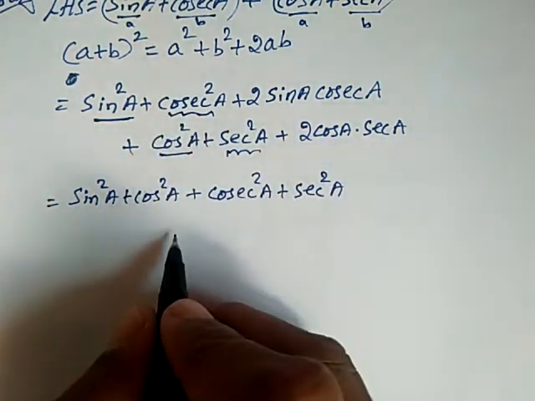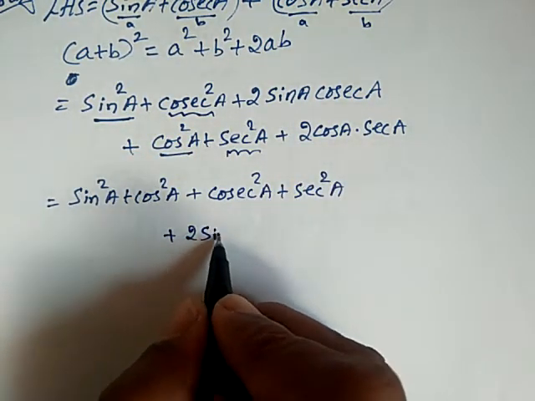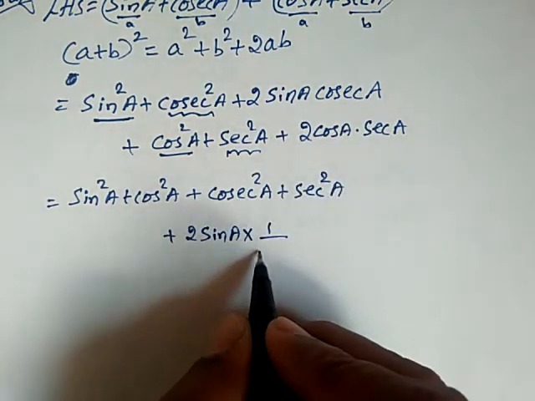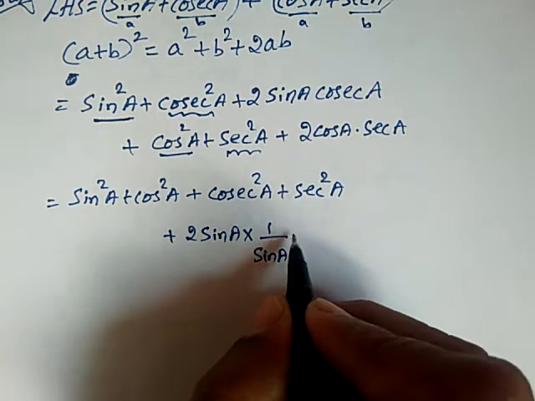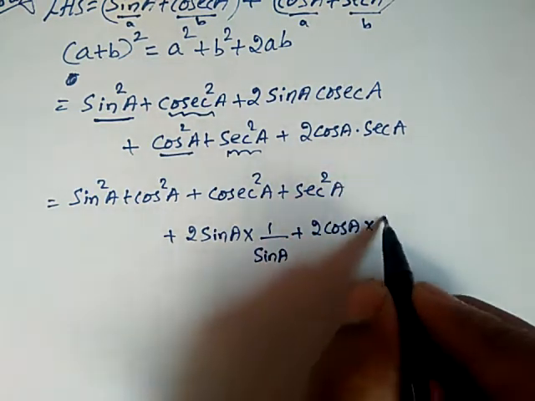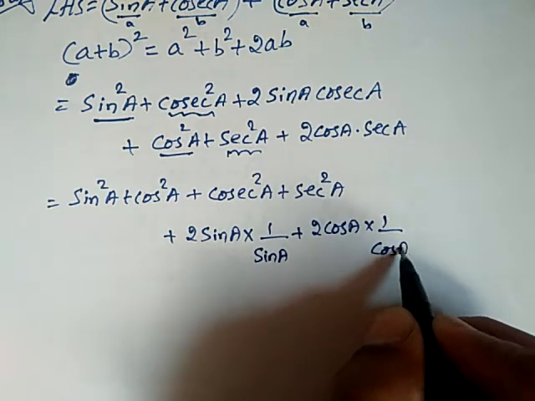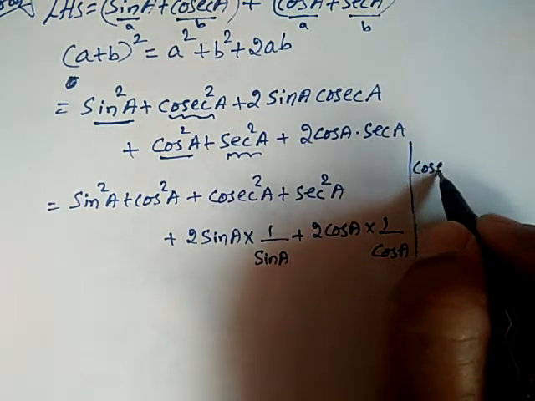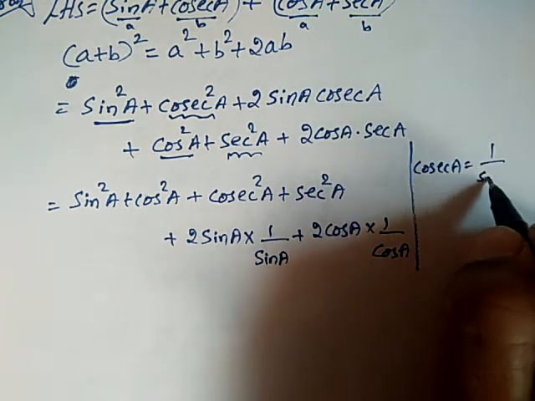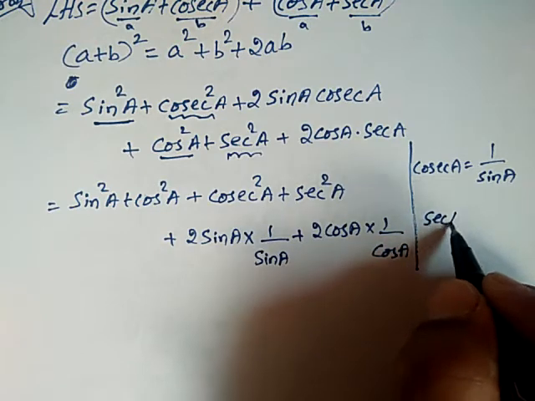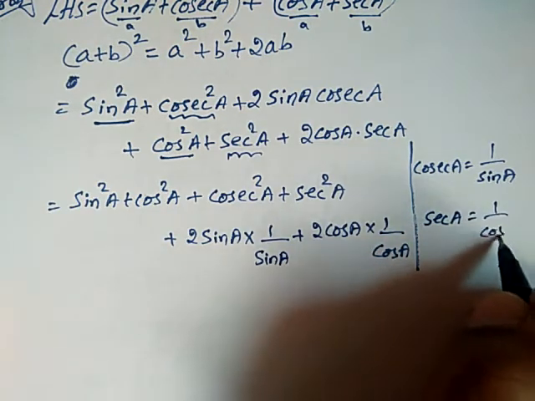Now what remains here is plus 2 sin a cosec a, which can be written as 1 by sin a, plus 2 cos a into sec a, which can be written as 1 by cos a, because we know cosec a is equal to 1 by sin a and sec a is equal to 1 by cos a.